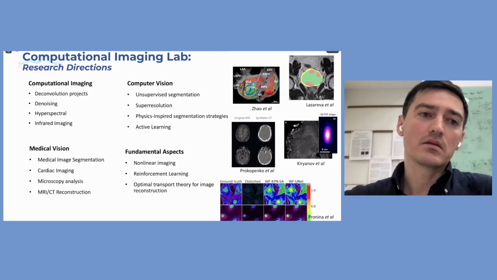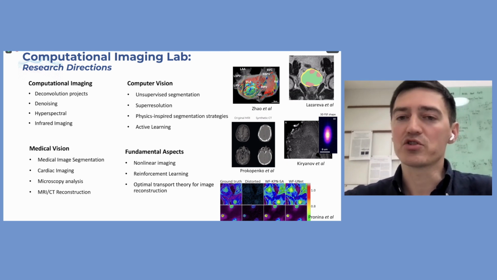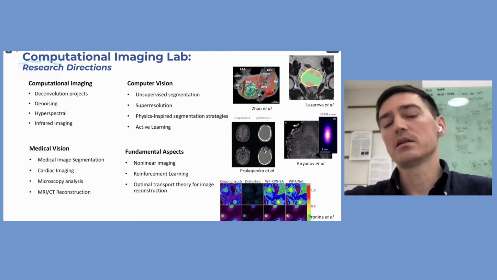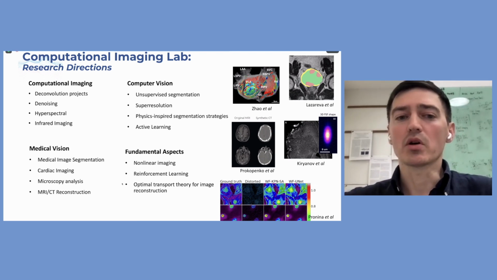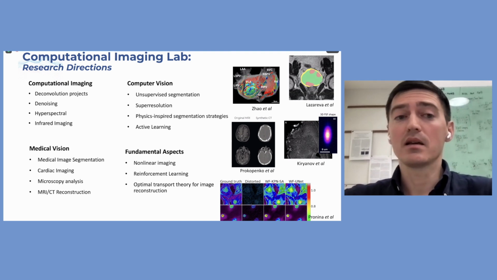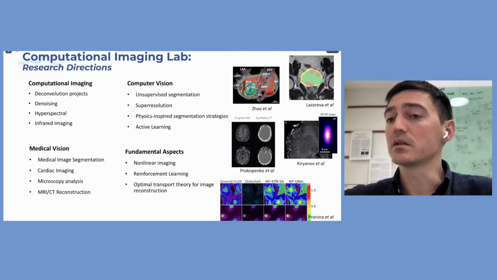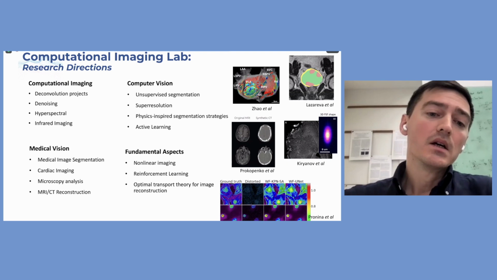These are probably the two major directions in the group. I'm not talking about fundamental aspects today, but I will talk about medical vision quite a bit, because this is our main adopter of our technology as far as applications go.